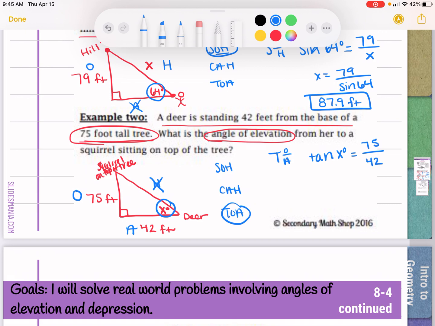This one, we're solving for a missing angle. So when you're solving for a missing angle, remember to get x by itself, you need to do the opposite or inverse of the angle. So I moved tan to the other side and I put -1. And in parentheses, I put 75 over 42. I'm going to go to calculator.net to plug this in.